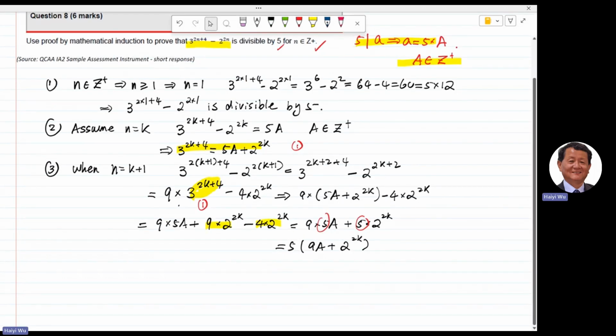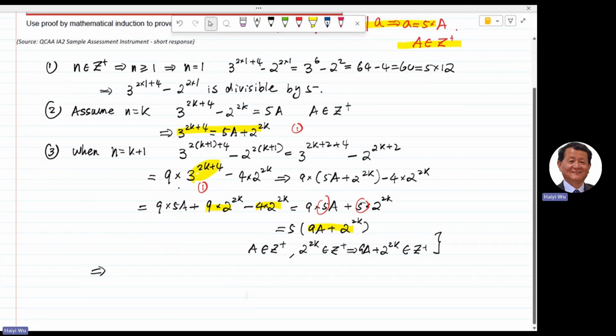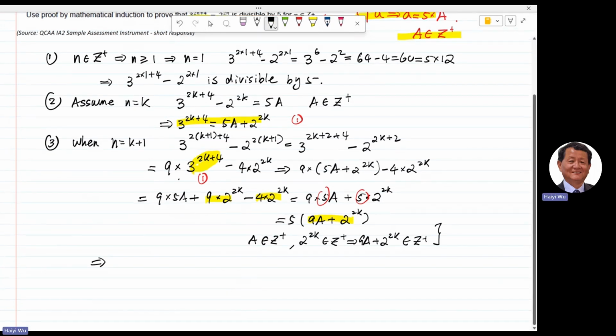Now we're going to prove this bracket is an integer as well. We say a is a positive integer, and 2 to the power of 2k is also a positive integer. Therefore 9a plus 2 to the power of 2k is also a positive integer. So the statement is also true because 5 is a factor.